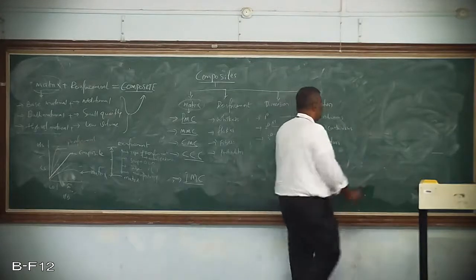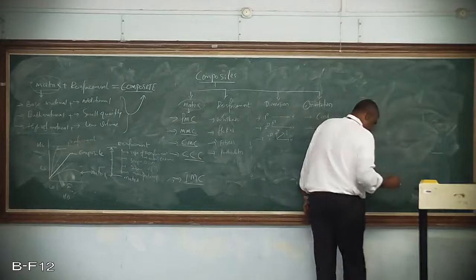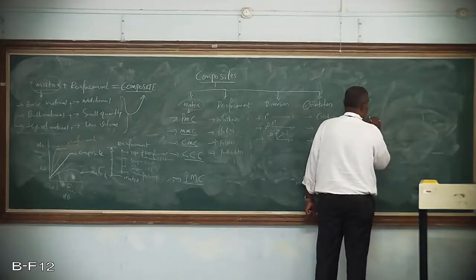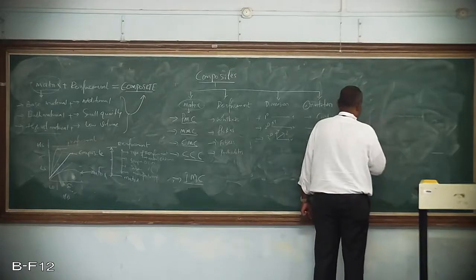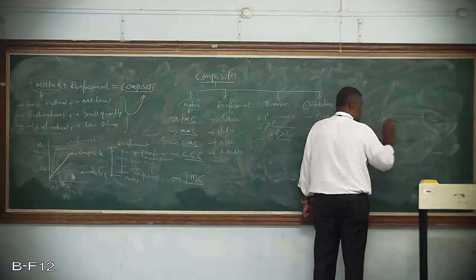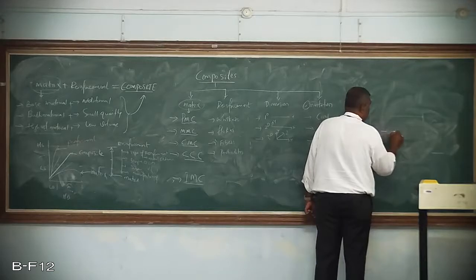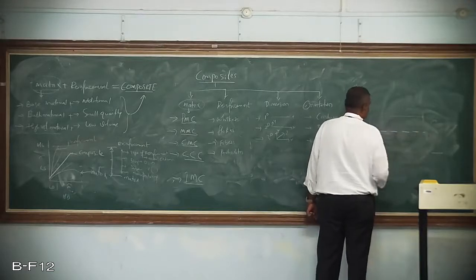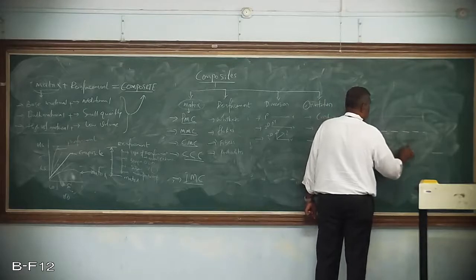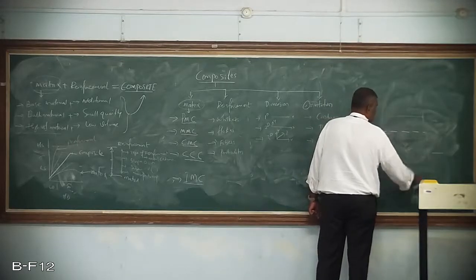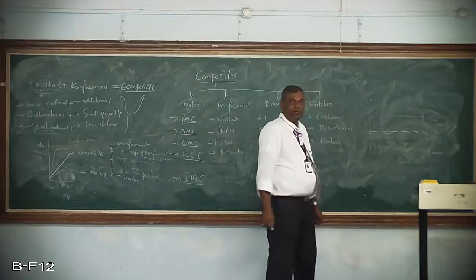So continuous means, assume that this is the material. So the reinforcement has started from this start to end. In a discontinuous, it is not from start to end, but it is like this. Okay. In random means it is arranged in any fashion order.